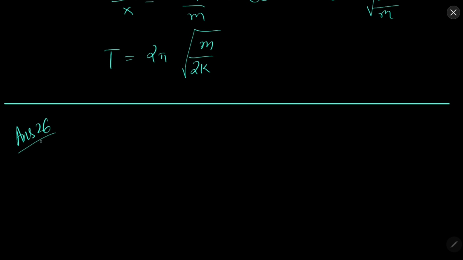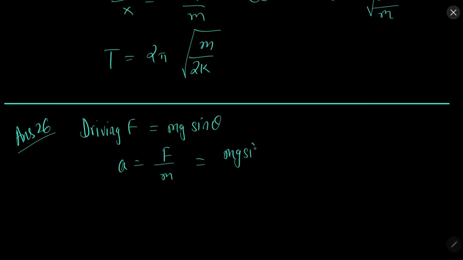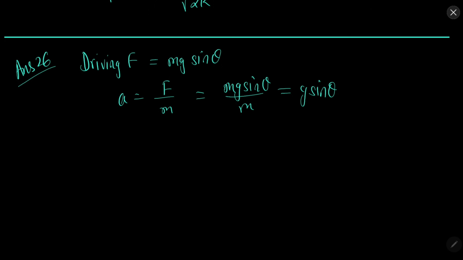Solution 26. So driving force will be mg sin theta. Acceleration will be F over m, that is mg sin theta over m. It will be g sin theta, equal to g theta for small angles.